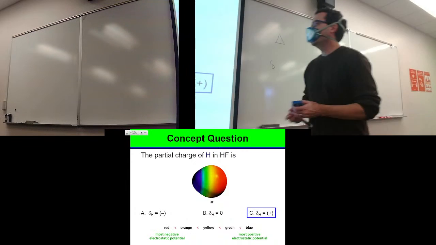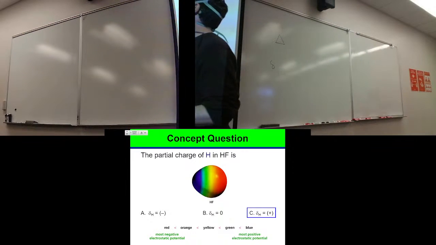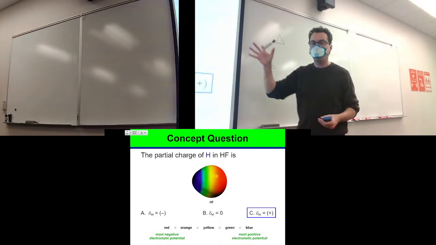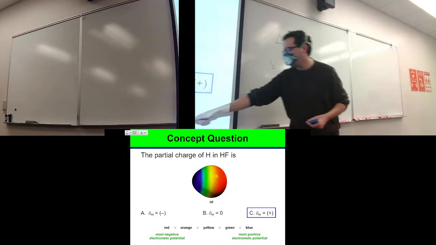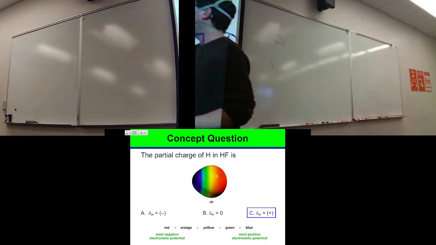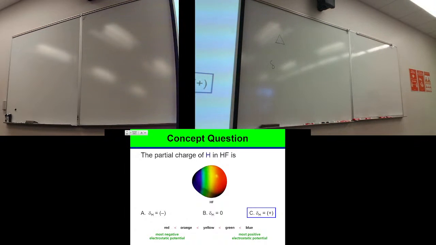One is to just look at this potential surface, and it's showing very red on the fluorine side, very blue on the hydrogen side. Blue in these diagrams represents more positive potential. Red means more negative, and there is a negative side and a blue side to this molecule.